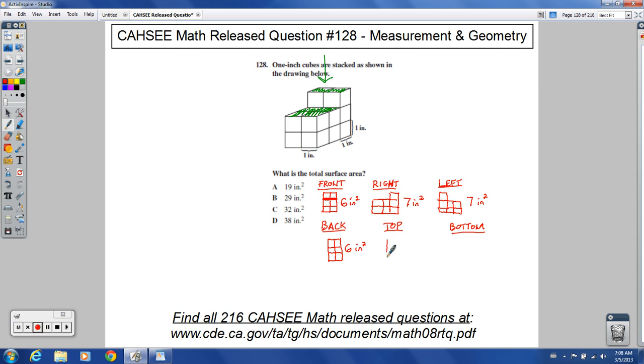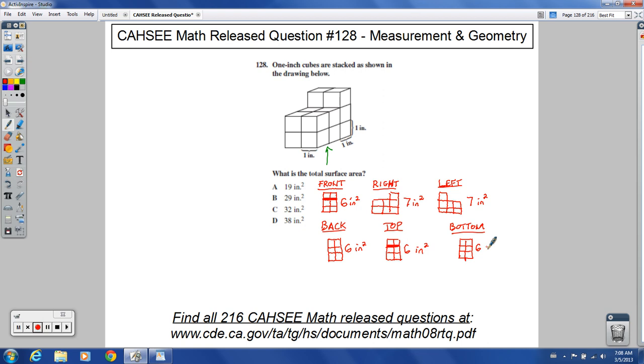So from the top, be able to see those 6 all together. This would be offset, so I'm going to shade that in a little darker right there. We'd have 6 inches squared. And then finally, the bottom, what would we be able to see from the bottom? If we're looking at it from this way, we just see these 2 by 3 blocks right there. So it's another 2 by 3, another group of 6 on the bottom.